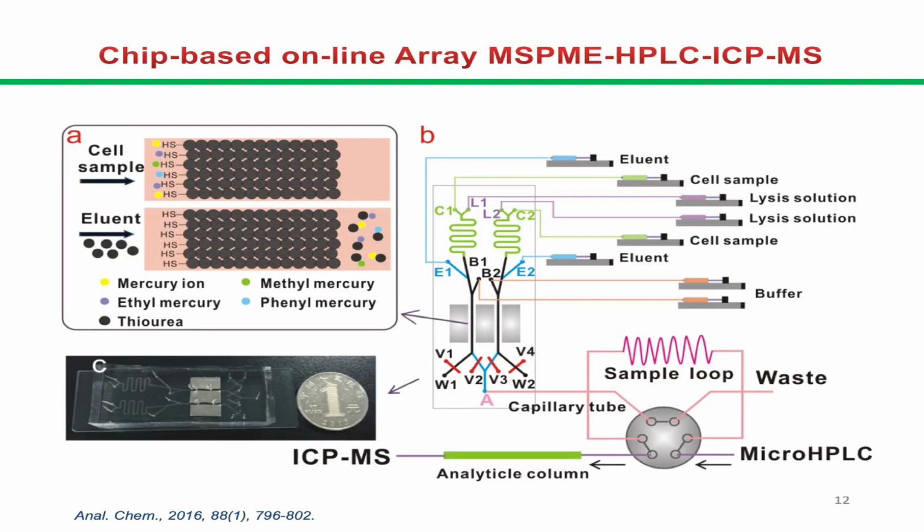Similarly, we can develop a chip-based array magnetic solid phase microextraction online combined with capillary HPLC-ICP-MS for mercury speciation. This is a typical diagram of this combined system. This is a typical chromatogram we obtained with HepG2 cells incubated with inorganic mercury and methylmercury.